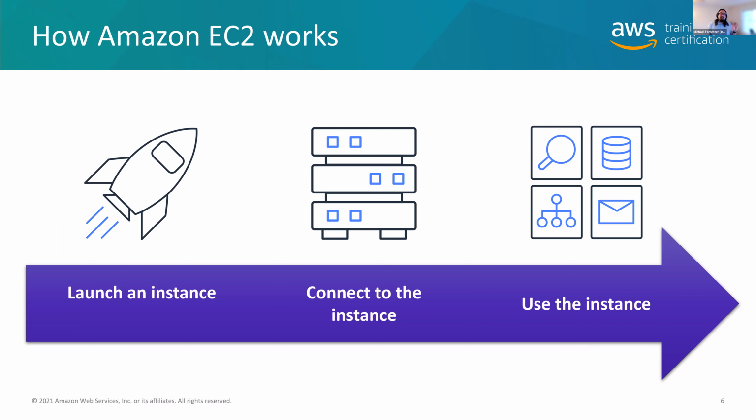From there, you can connect to the instance, because remember, this virtual machine is running on somebody else's infrastructure. If it was on your desktop, you would just see it come up on your monitors. But instead, you have to use something else to connect to that virtual machine. Now, you can connect to a virtual machine through SSH, which is like command line terminal stuff, or you can use RDP, which will give you a window.